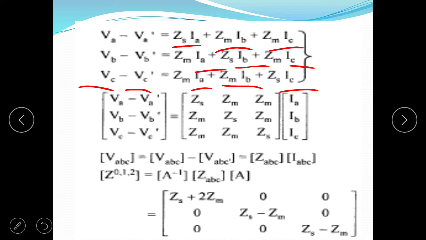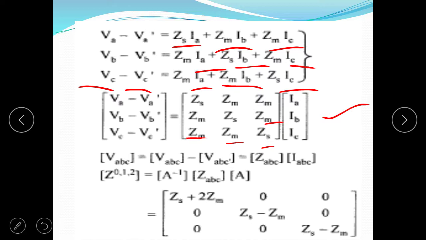VAA dash, VBB dash and VCC dash is equal to the matrix of Zs, Zm, Zm; Zm, Zs, Zm; Zm, Zm, Zs, times the current matrix IA, IB, IC. So the matrix VABC, the matrix of phase components A, B and C, is equal to VABC minus VABC dash, that is equal to ZABC times IABC.